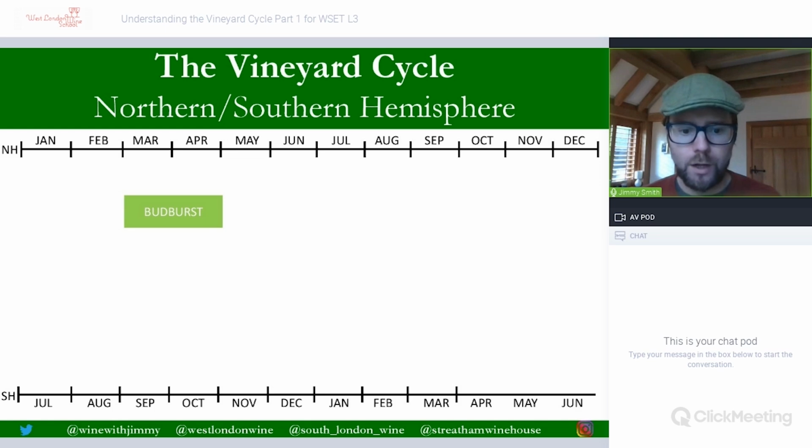Next up, we are talking about budburst. So the vine has gone through its dormancy and it's started, of course, to grow. That happens early at budburst. The vine realizes that there are warmer temperatures outside and it can begin the first stages of its growth season, and that is budburst.